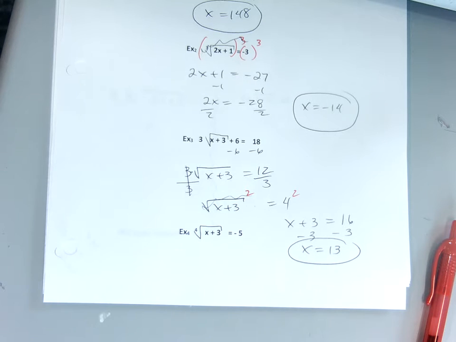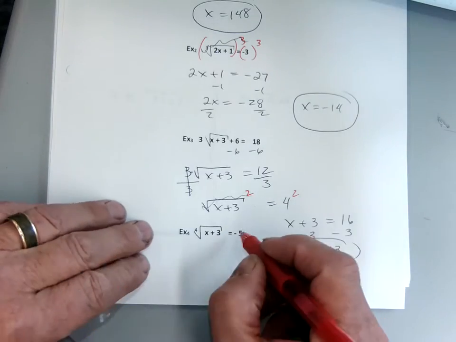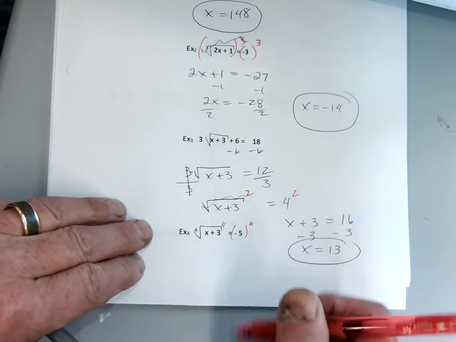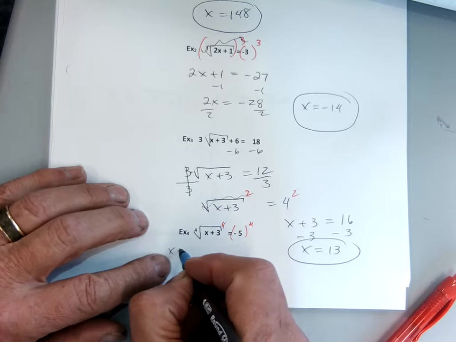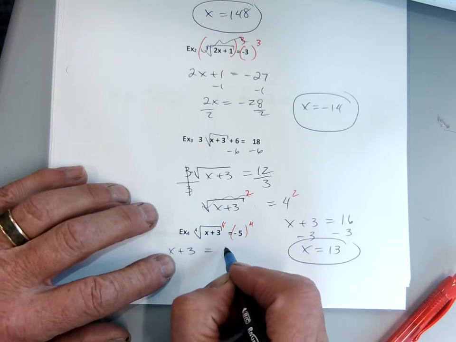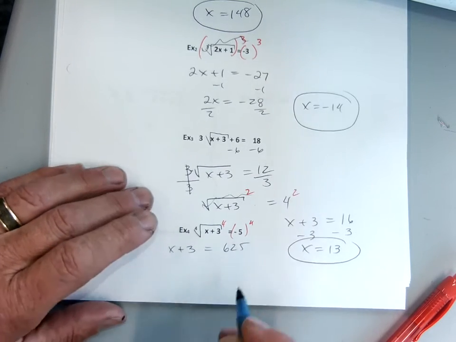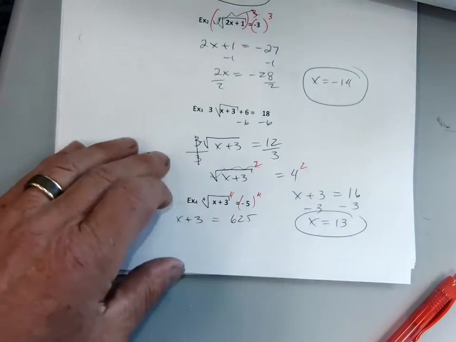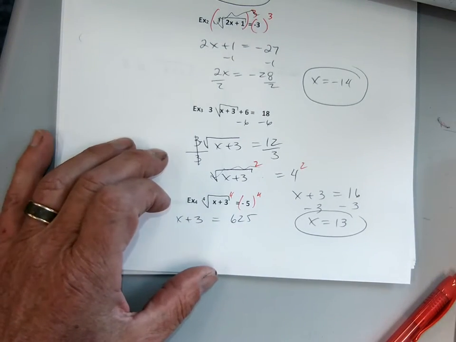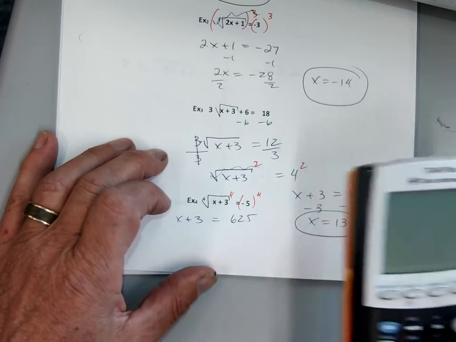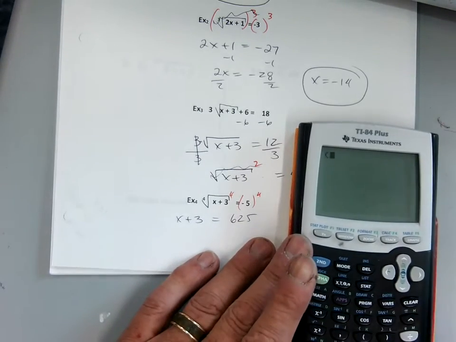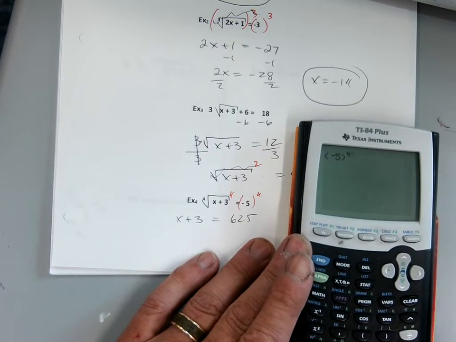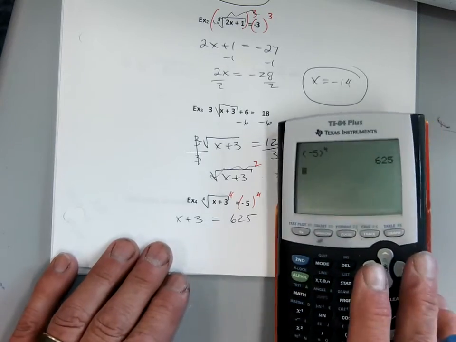So let's do what Luke did. We're going to take it to the fourth power, right? I'd have x plus 3 equals 625. Did you get that, Luke? Is this 625? That's not what I got. I think it is. Negative 5. Hold on, double check. Yeah, 625, right?